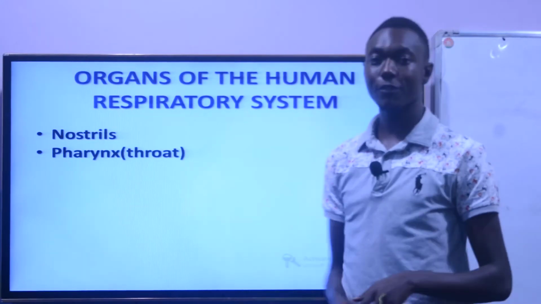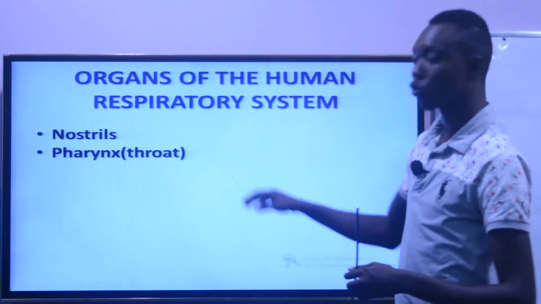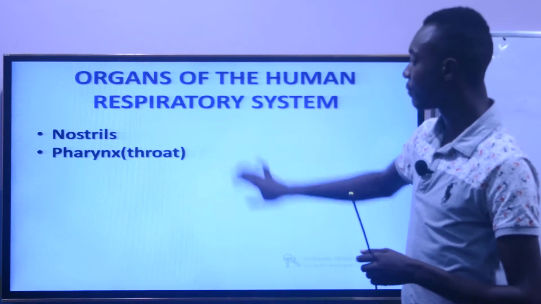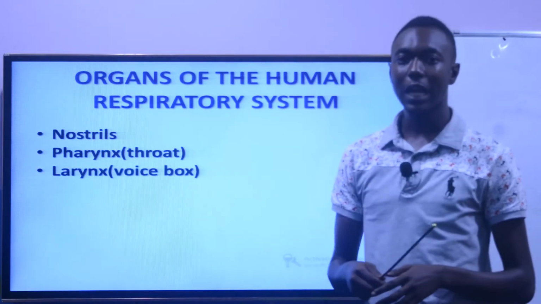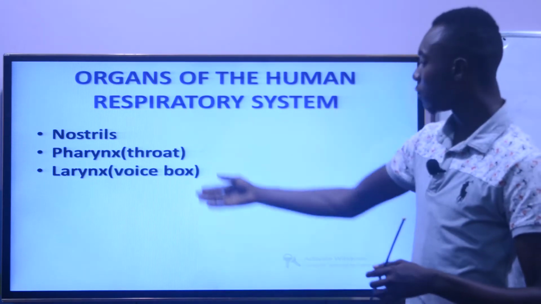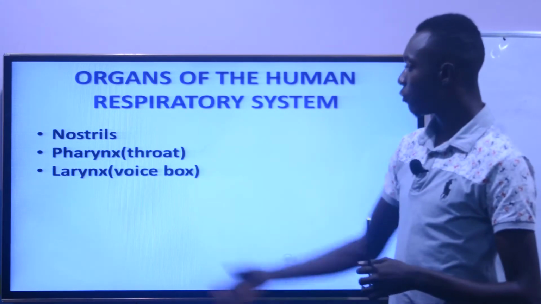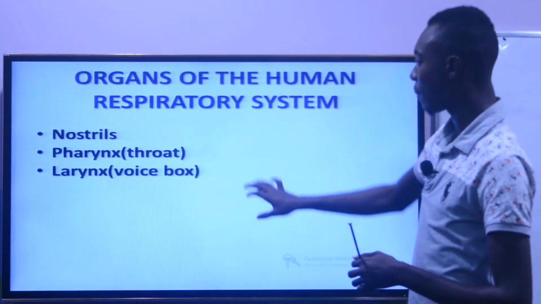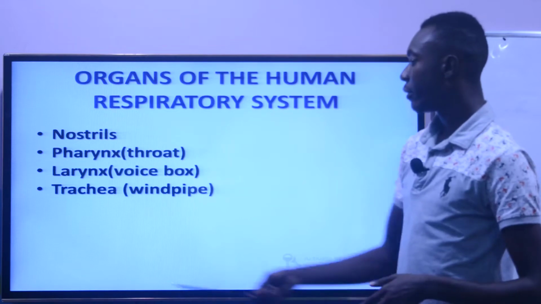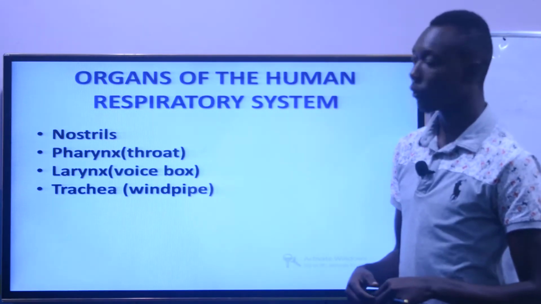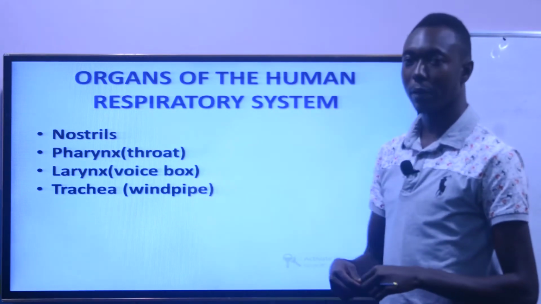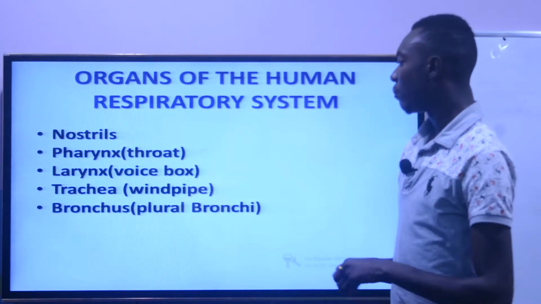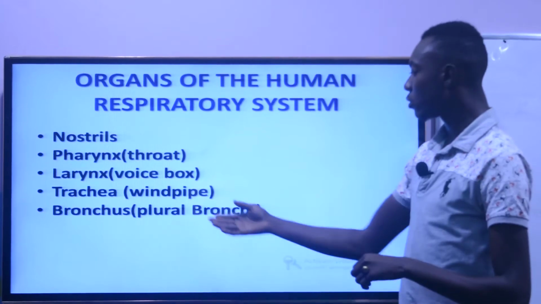We also have the pharynx, also referred to as the throat. We have the larynx, also called the voice box. We'll find out why we call this the voice box very soon. We have the trachea, also referred to as the windpipe. And then the bronchus.